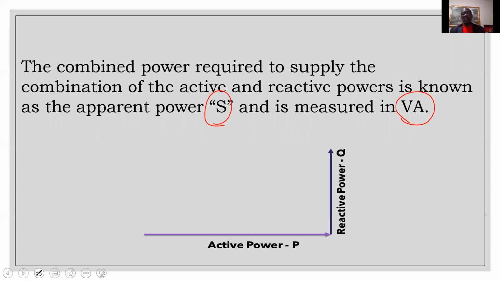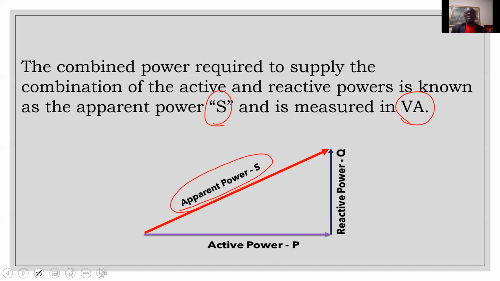Now, as I said, the relationship between the two is shown as us closing the triangle. Yes? So we have here the apparent power S, now being the hypotenuse of the triangle, which was the other two sides created by your active power P and your reactive power Q.